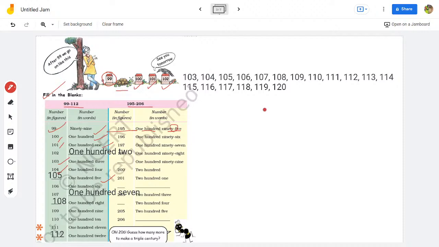It comes only when it's a two-digit number like 25, 84, 76, 59. So all such numbers will have a hyphen between them. Basically, the first word should end with ty, and then after that we should have a hyphen.